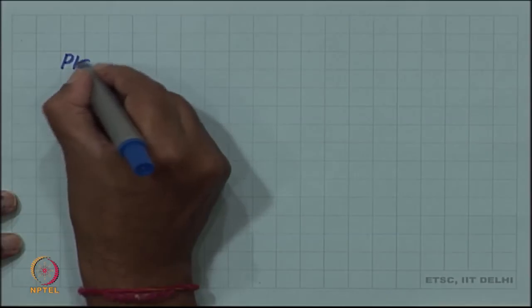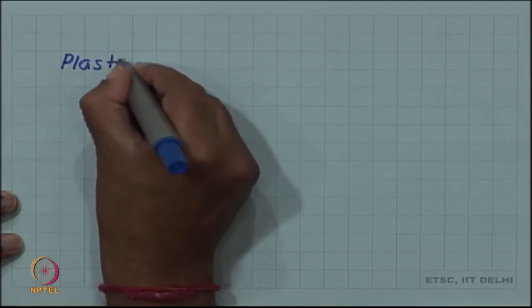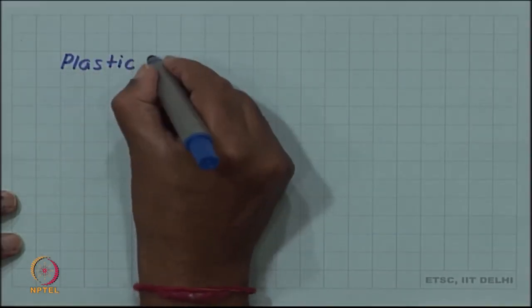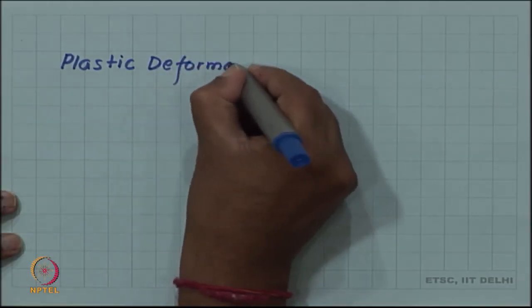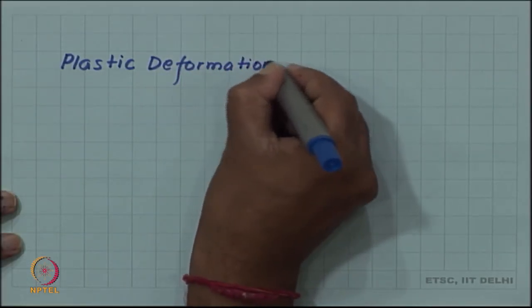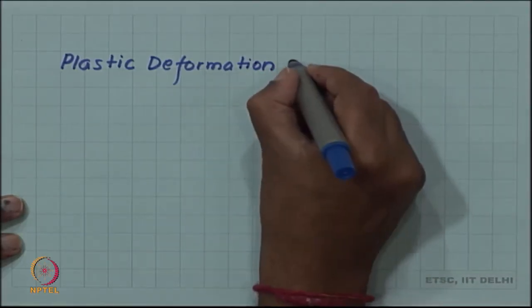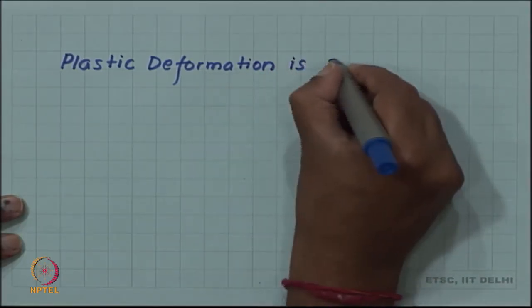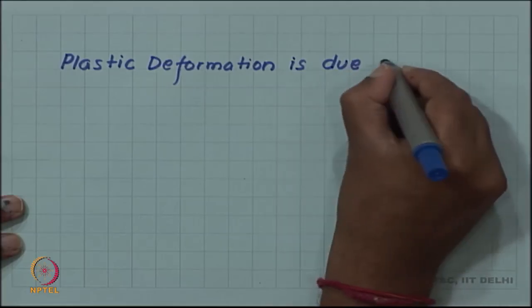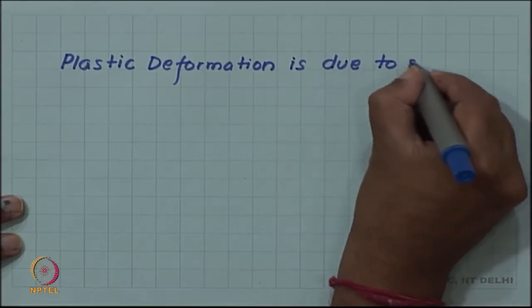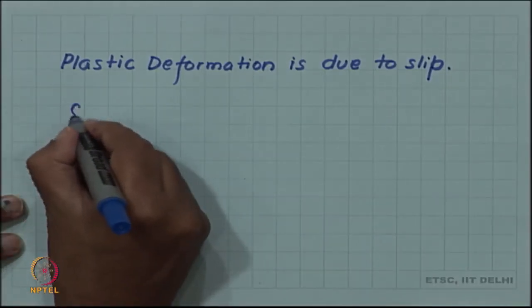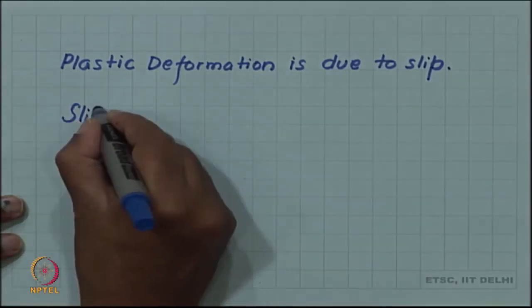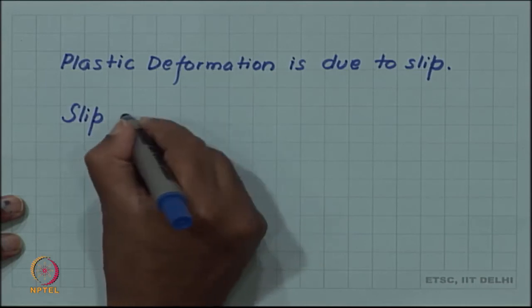Plastic deformation requires slip, plastic deformation is due to slip, but slip is made easier by movement of dislocation.